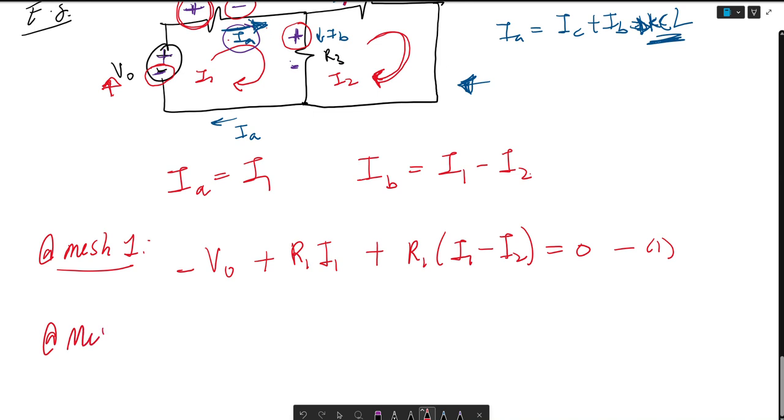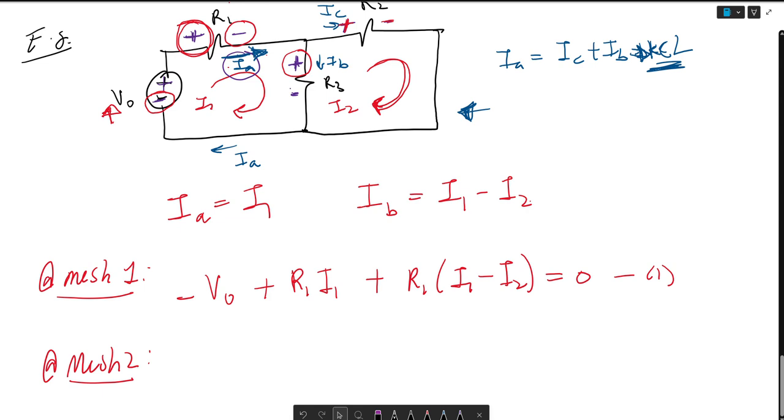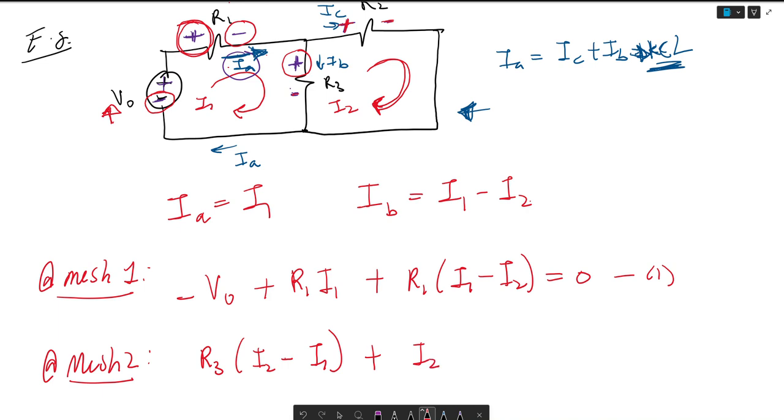And then at mesh 2, if we want to start here, we could say that minus R3 times I2 minus I1 plus I2 R2.